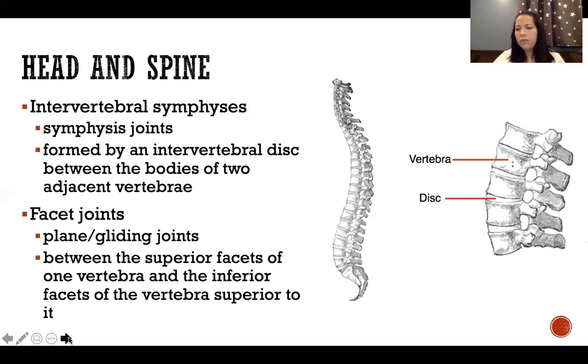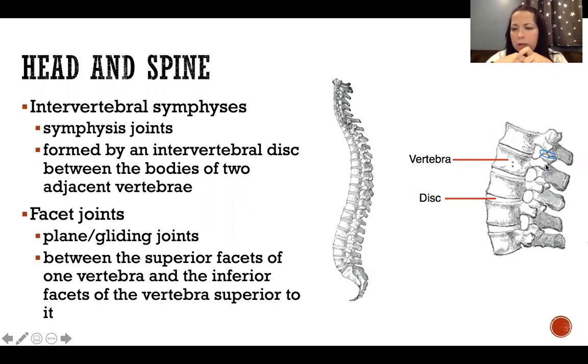Okay, so each vertebra has, let's see, I wonder if I can annotate here. So each vertebra has, if you can see my little blue circle I'm drawing here, an inferior facet on its inferior side and a superior facet on its superior side.